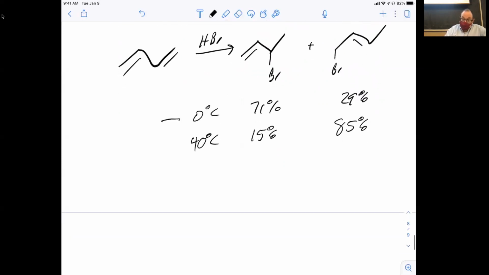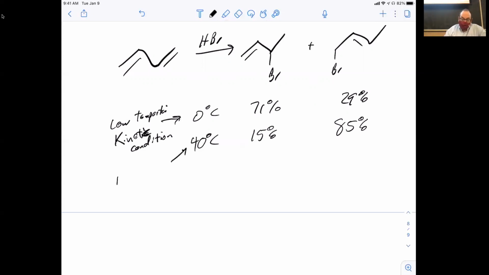When we look at the low temperature, those are kinetic conditions. Why are they kinetic conditions? Because whatever happens first is what I want. Fast, right? Kinetic.